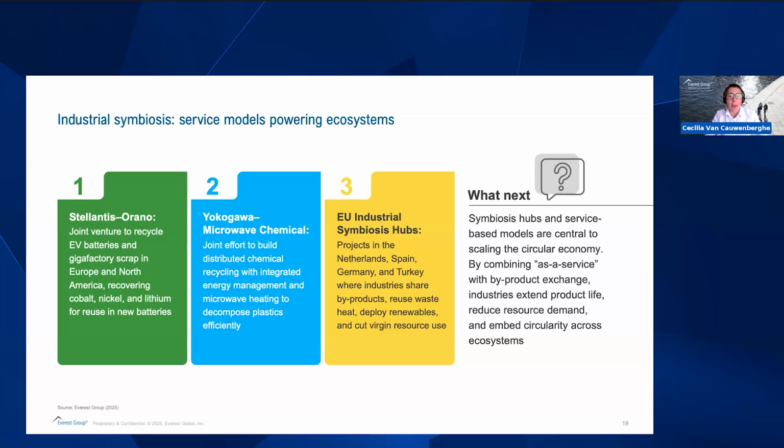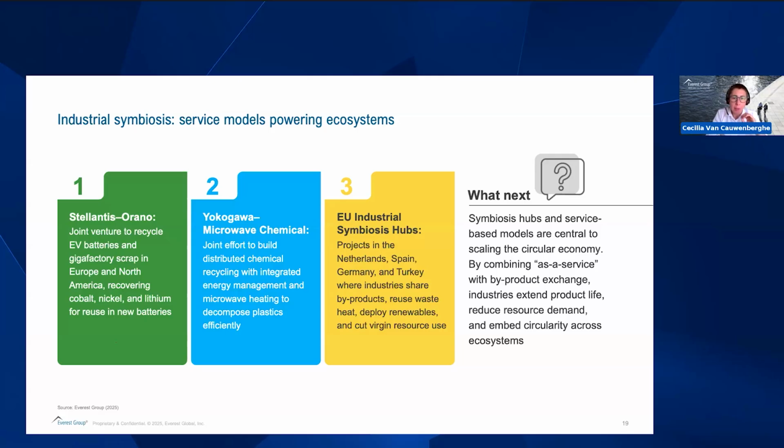Another great example, in Japan, is Yokogawa and Microwave Chemical. This is grounded on energy and data convergence. Yokogawa's process control expertise meets Microwave Chemical's catalytic know-how to build a distributed chemical recycling system.